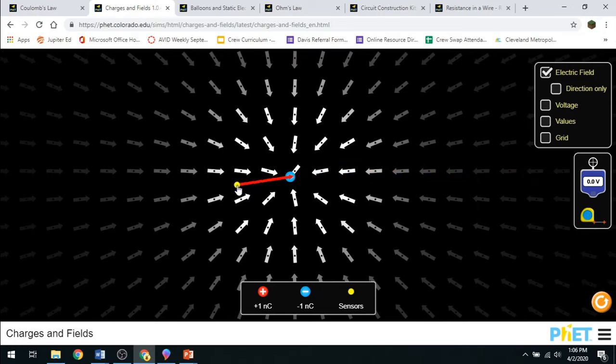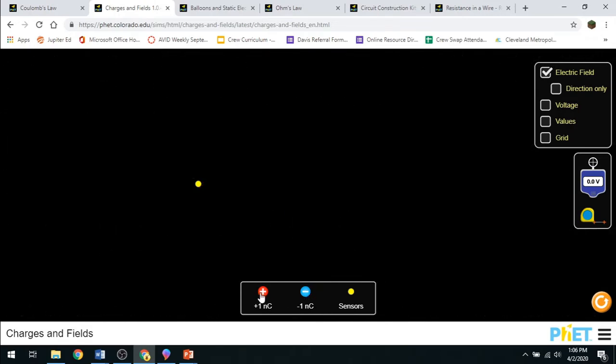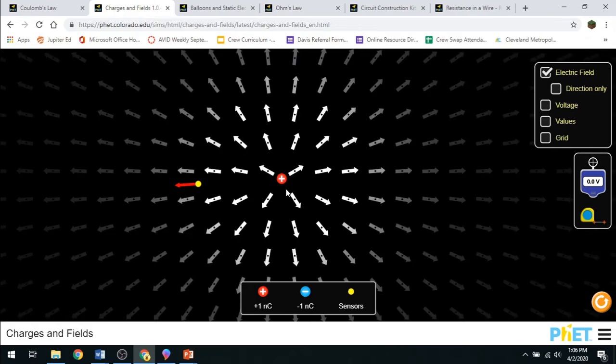Charges have an electric field around them, kind of like gravity. The main difference is you can have an electric field that, instead of pulling toward you, pushes away from you. But something similar happens: if you get closer, the electric field is stronger, and if you get further away, the electric field is weaker.